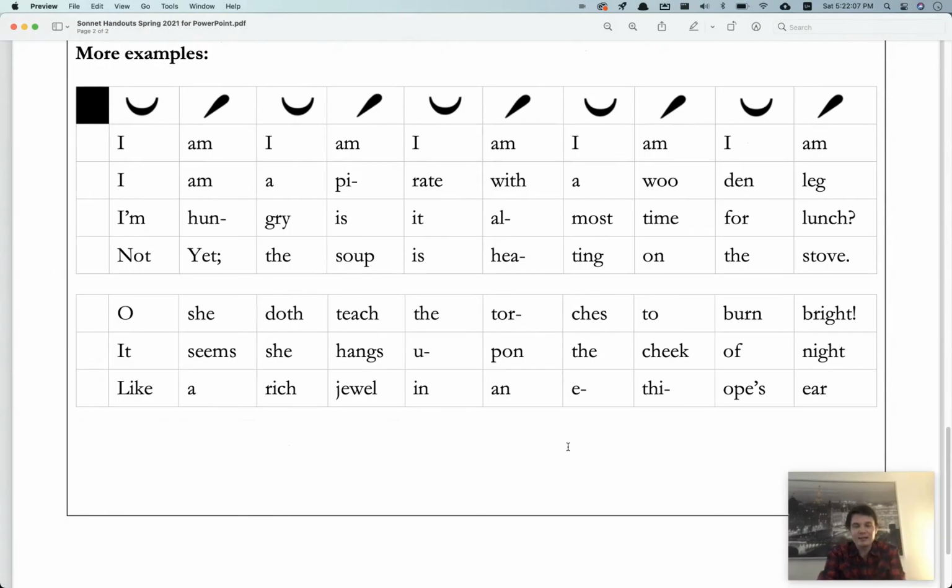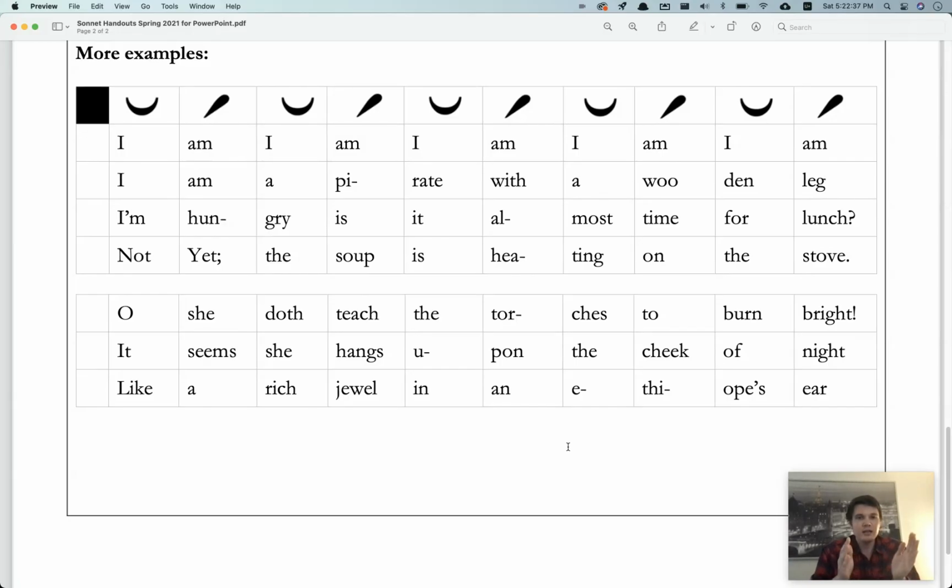All 3 of these are from a little teeny part of Romeo and Juliet. Remember, the whole play is written in iambic pentameter, except the lower class characters. Sometimes when they're talking to each other, they don't use iambic pentameter. They use just regular prose. But almost all of the play is written like this. So, "Oh, she doth teach the torches to burn bright.